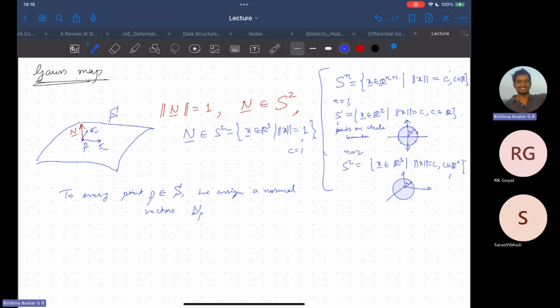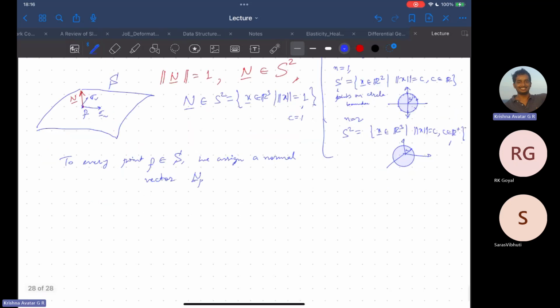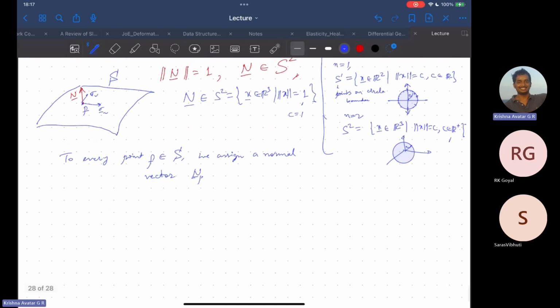So this is the normal vector NP. The P subscript indicates it's at point P. And you know that NP is unit norm, which means that at every point on the surface, we have this n vector.